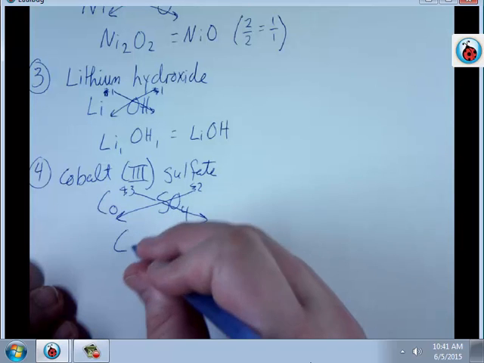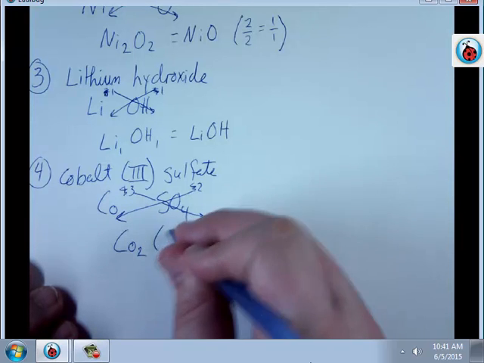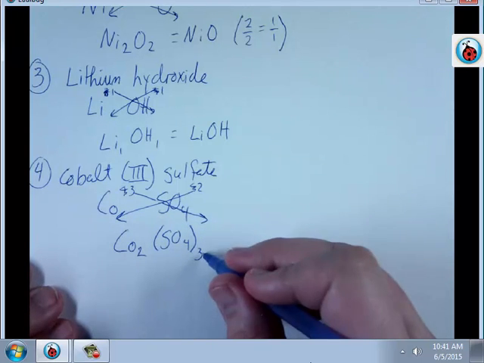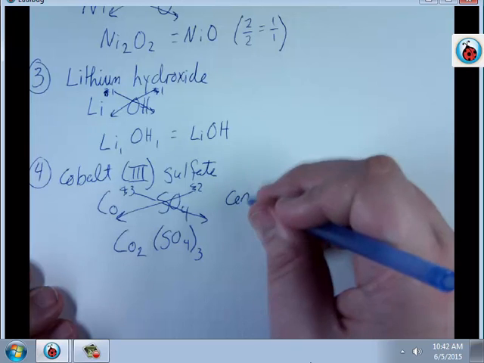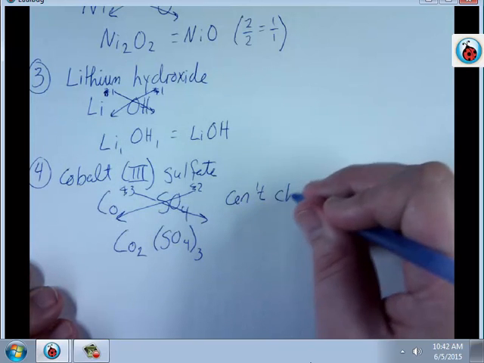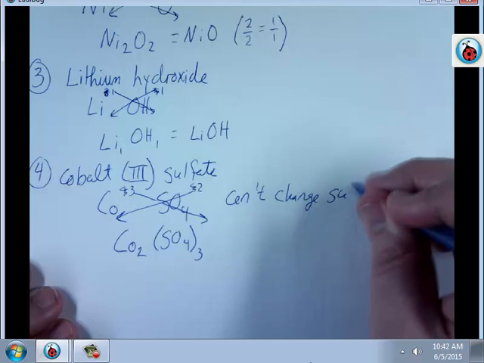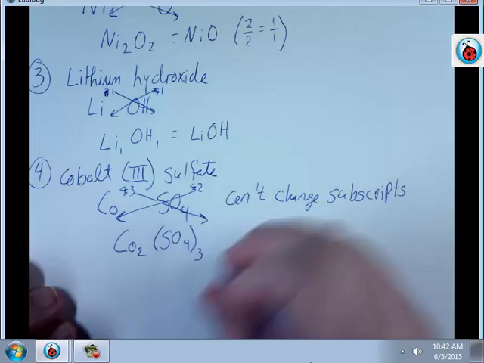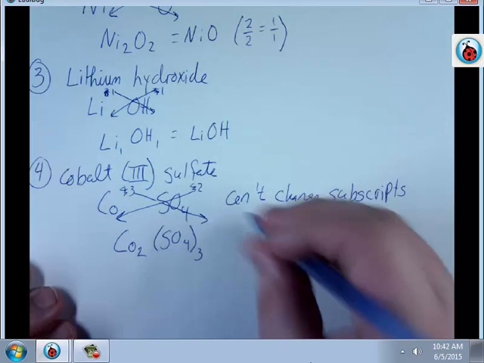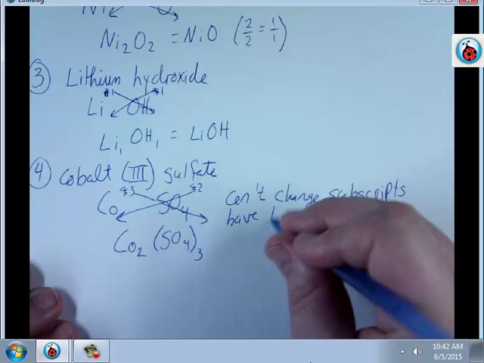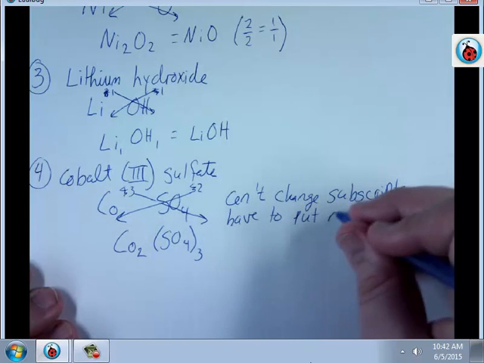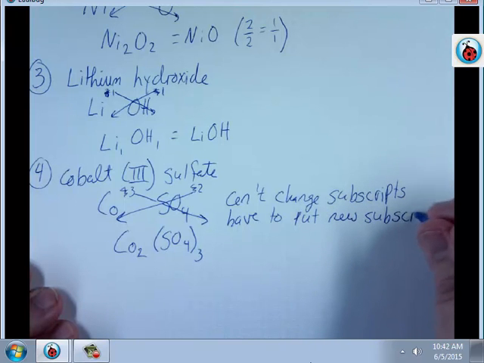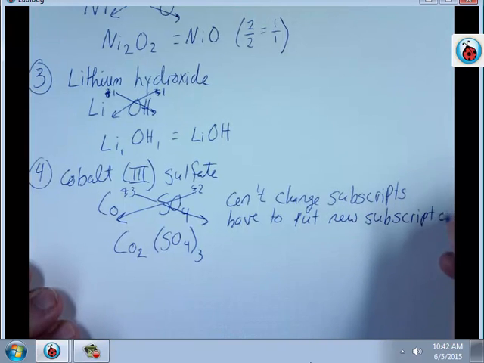Co2(SO4)3. Remember, can't change subscripts of polyatomic ions. So can't change subscripts. New subscript, outside of parentheses.